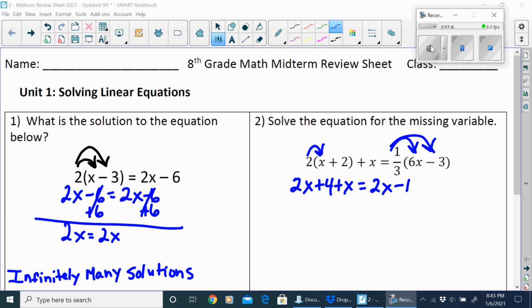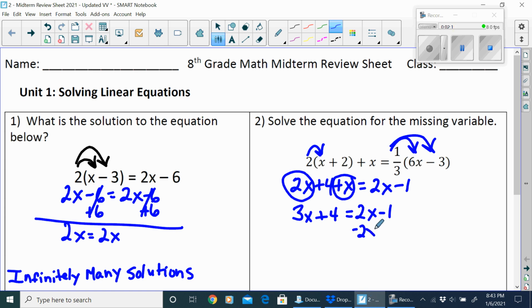Step number 2 is we're going to combine like terms, which is the 2x and the x. So if you have 2x's and you add an x, you get 3x plus 4 equals 2x minus 1. So now I'm going to take the smaller x to the larger x. So that is by inverse operations.